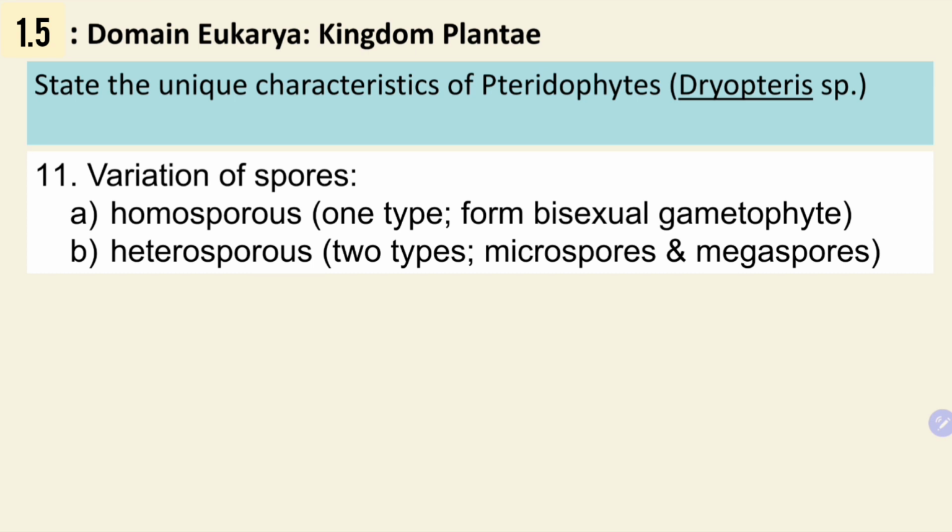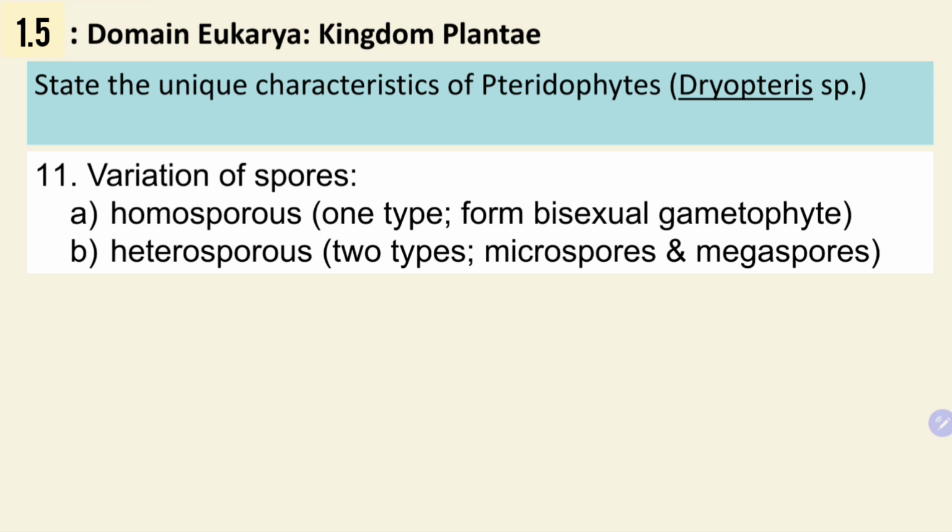Special for pteridophytes is in terms of spores. The spores produced in pteridophytes can be homosporous or heterosporous. Homo means same, hetero means different. For the homosporous spore, the spore will develop into a bisexual gametophyte.